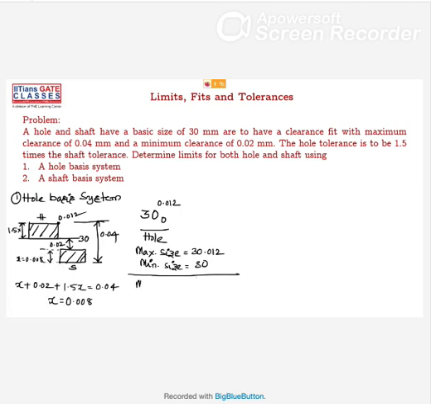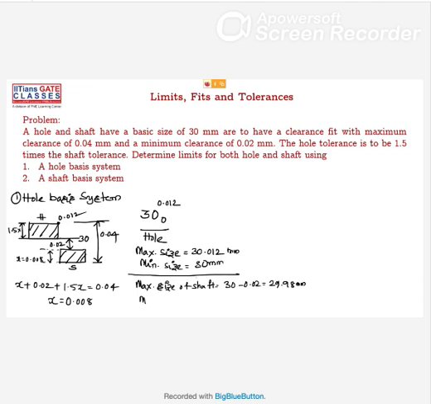So maximum size of the shaft is 30 minus 0.02, that is 29.98 mm. Everything is in mm.